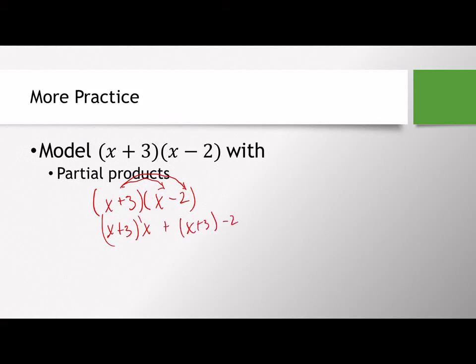Then we're going to go this way and get our x squared plus 3x.